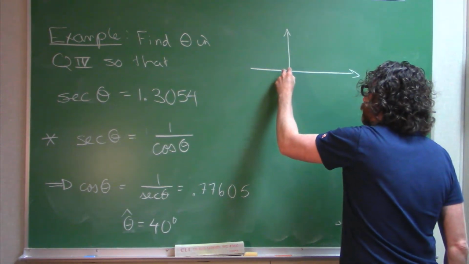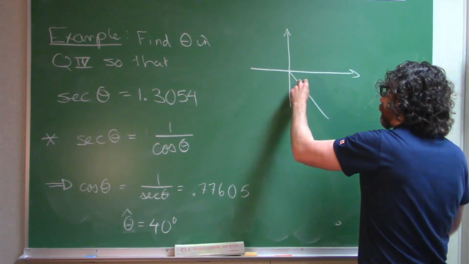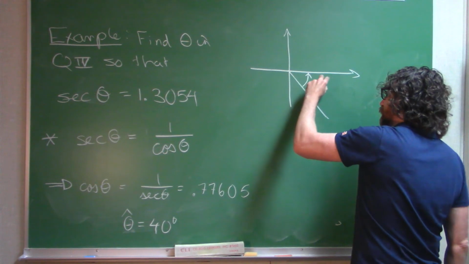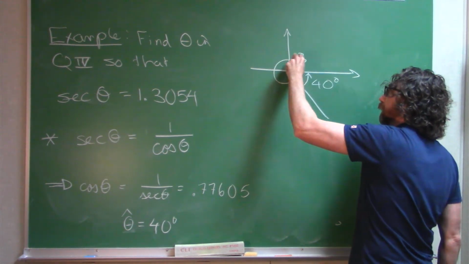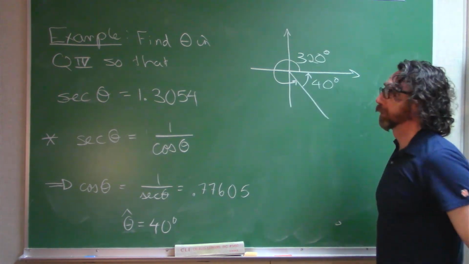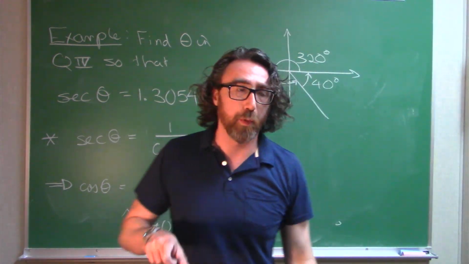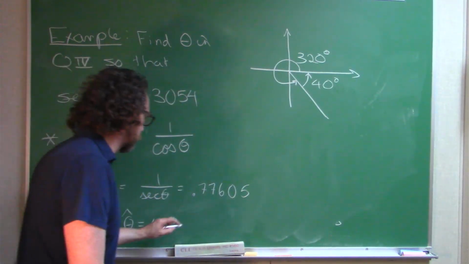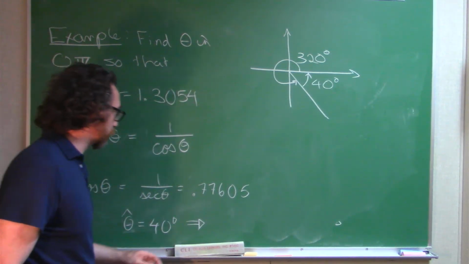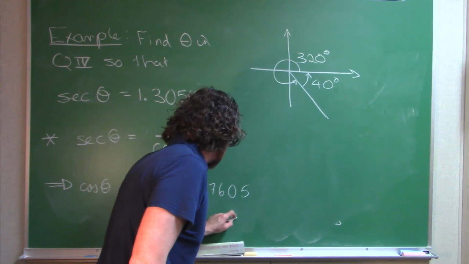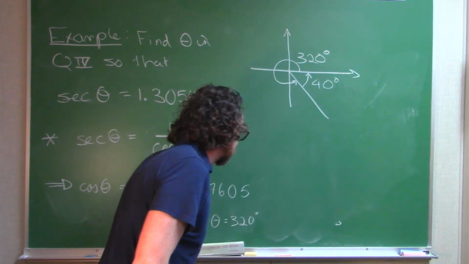If I'm in Q4, that's over here, a reference angle of 40 degrees would be looking like that. So the actual angle that I'm dealing with is 320 degrees. So reference angle of 40 degrees in Q4, theta equals 320 degrees.